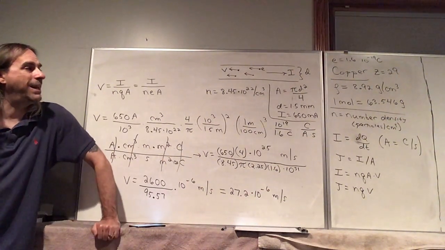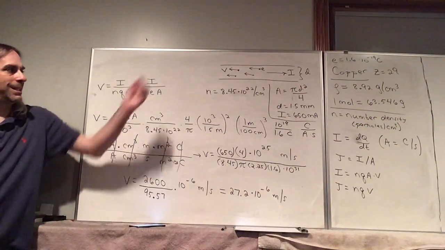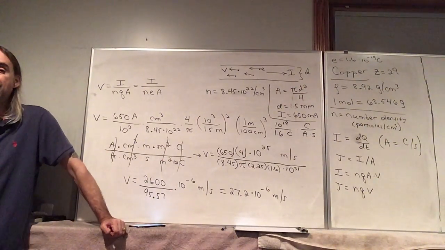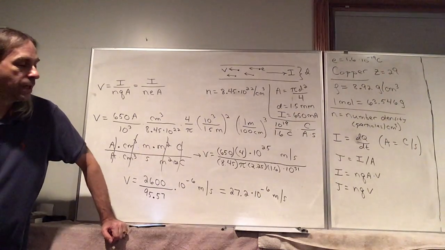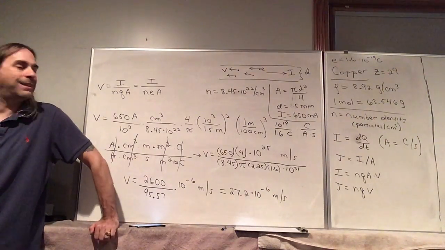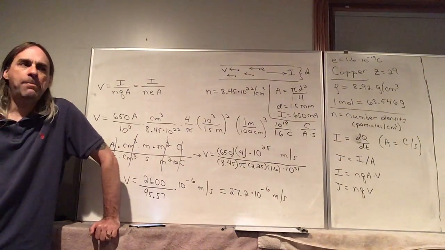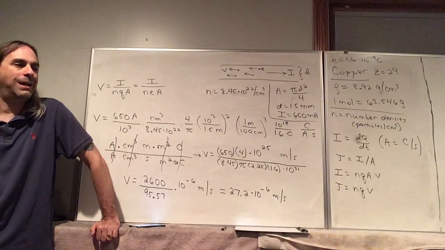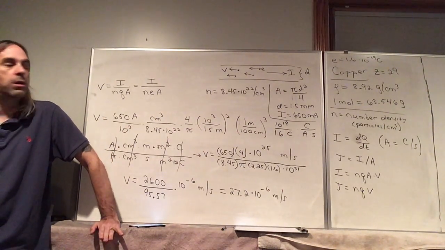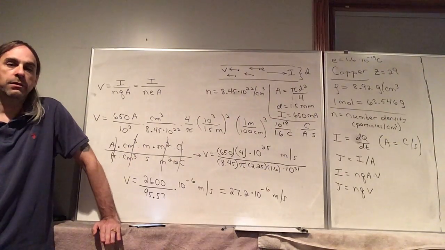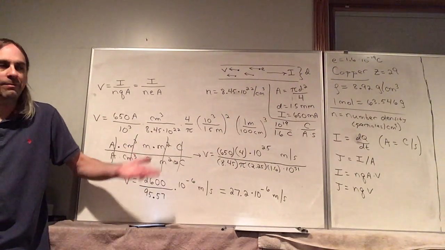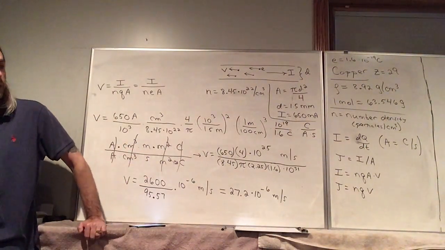Okay, now why is that? Well, it's because this is not at all a good model of what's happening inside a conductor. Now, the electrons inside a conductor typically move around 10 to the 6 meters per second. The speed of light is 3 times 10 to the 8th.